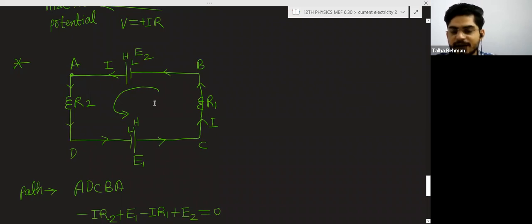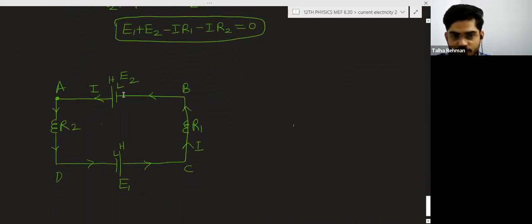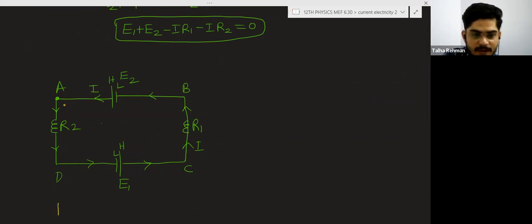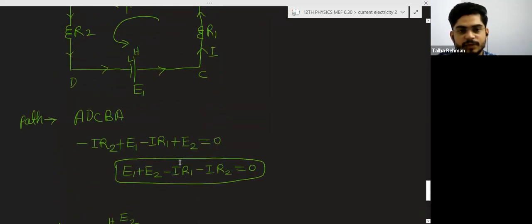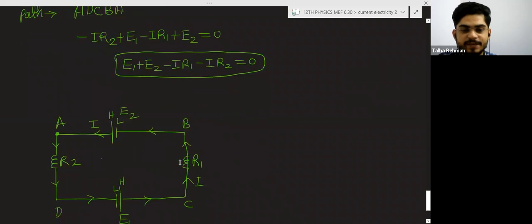Now I am choosing a path in the opposite direction of current. The direction of current is this, so now I will go from A, B, C, D, A. So I am moving clockwise in this direction.